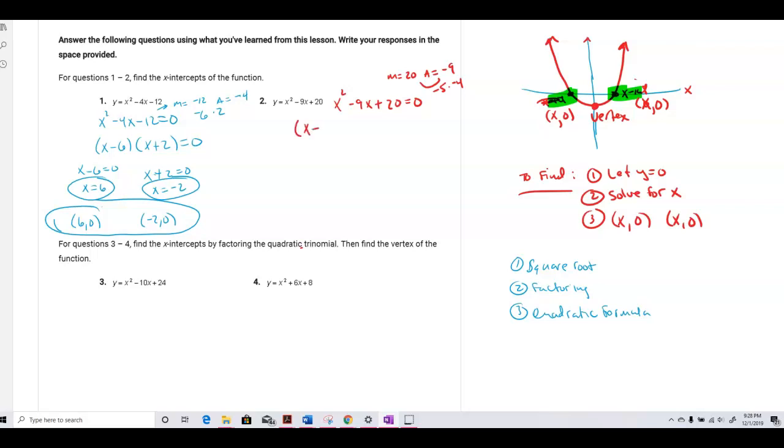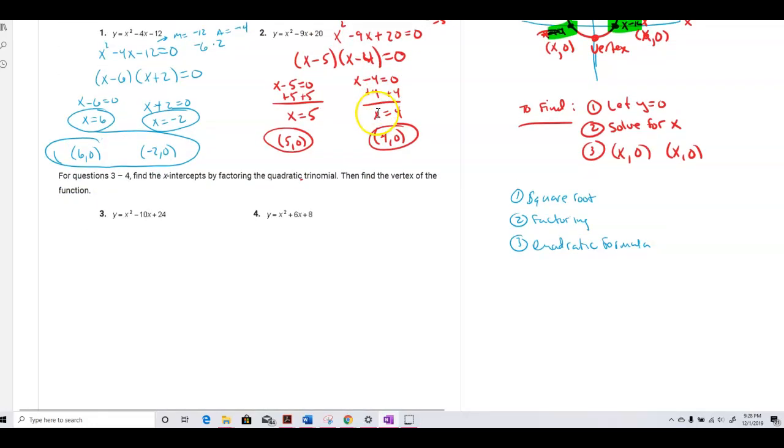So this would factor out to be x minus 5 times x minus 4 equals 0. So x minus 5 equals 0, x minus 4 equals 0, and now I solve for these. So x equals 5, x equals 4. One ordered pair here would be 5, 0. My other x-intercept would be 4, 0. Okay, so that's one way to do it.